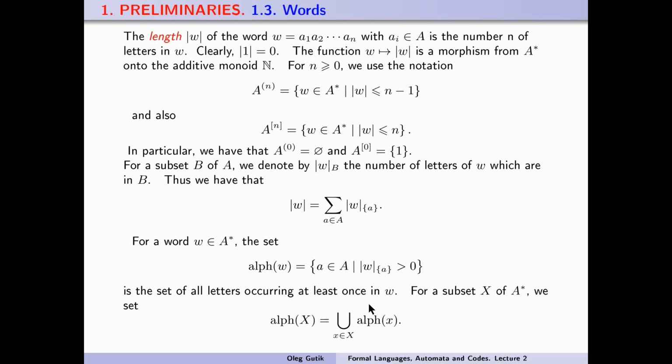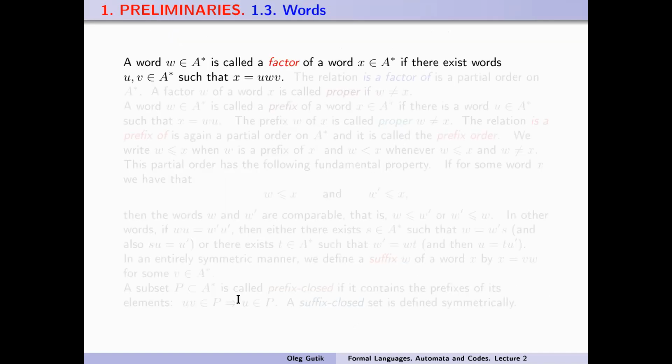Also for a subset X of the free monoid, we put alph of X is the union of alph of x, such that x belongs to X. If we have any word W of the free monoid, this word is called a factor of a word x from this monoid if there exist words u and v from the free monoid such that x is equal to uWv.